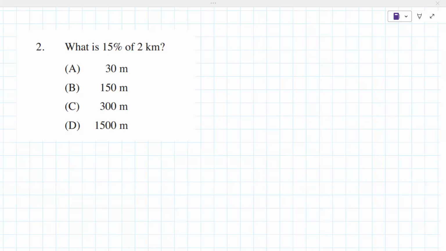Would the answer be A? So 0.15 times 2, but this is in kilometers. This is maybe a little bit unfair. Let's put it into meters. That's meters now.